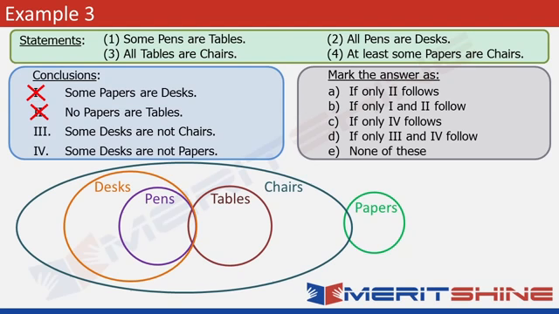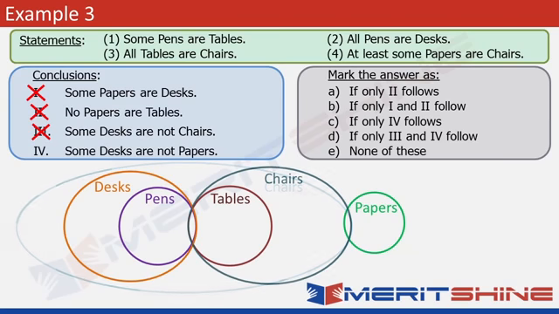Now, all tables are still chairs, and some papers are still chairs. So both are still true, statement 3 and statement 4. They still hold good. But what has happened in the process is that now we can see that all desks are chairs, which means that this conclusion 3 is not necessarily true. So it does not follow. All the desks can be chairs. So that's a possibility, that's a case.